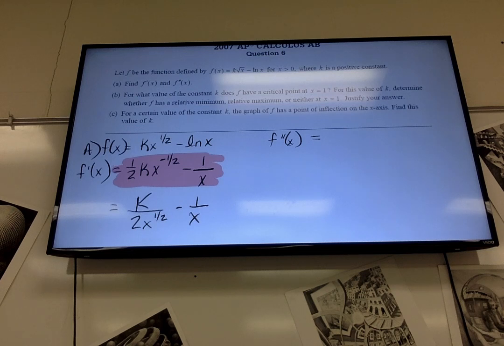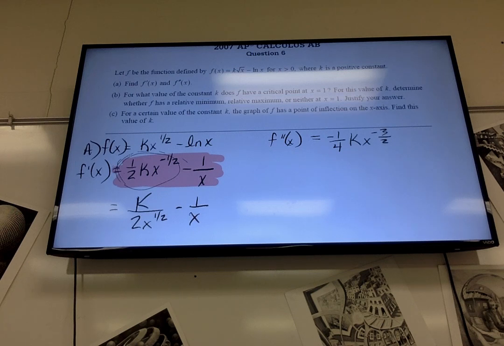So for this one over here on the left, I would do negative 1/2 times 1/2. 1/4. So it's negative 1/4, right? Kx to the negative 3/2. Thank you, Mr. McGrew.